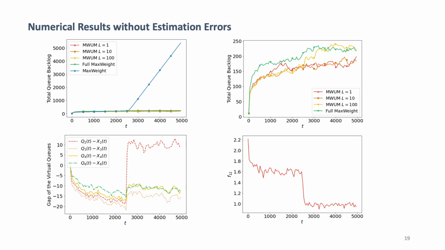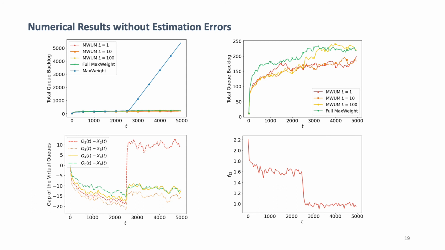So in the middle point of the time horizon, there's a change of the behavior of malicious node 2. Node 2 decreases its service rate from 5 to 1 sharply. From this figure, we can see that our algorithm captures this change pretty well.